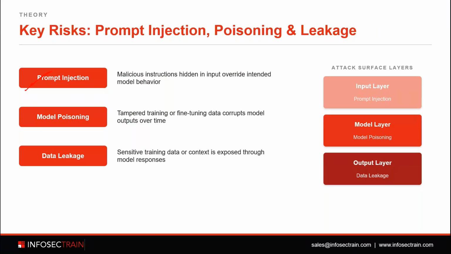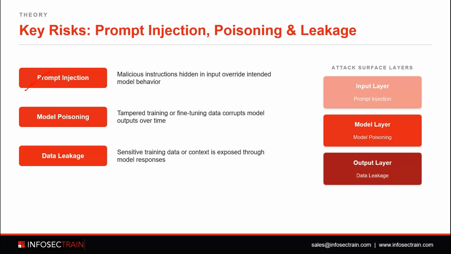Prompt injection is a malicious input. You give a set of directions in order to manipulate an outcome from the AI. So a malicious input crafted to manipulate an AI model into ignoring its original instructions and performing unintended actions.